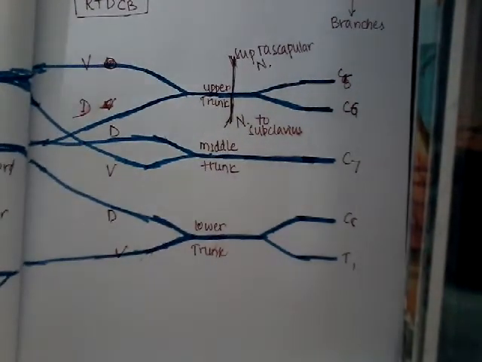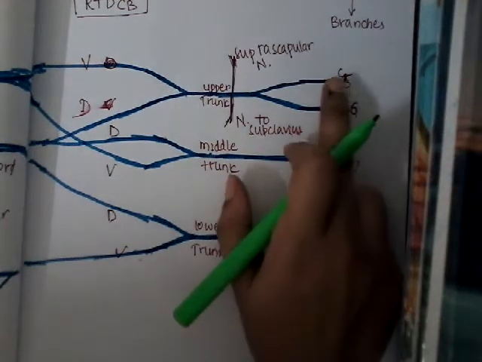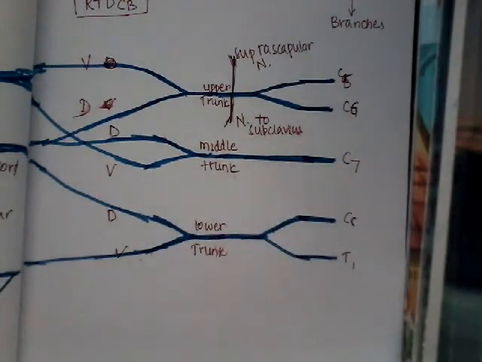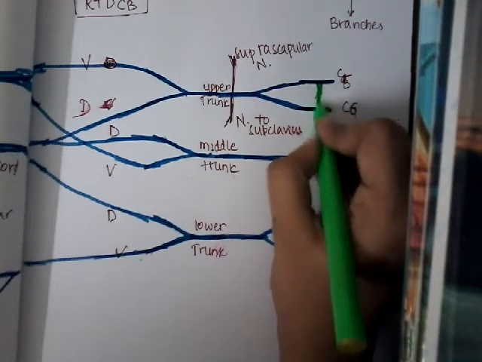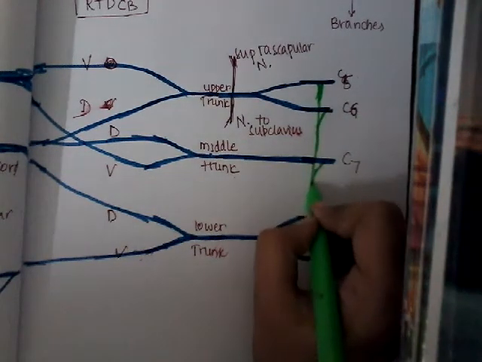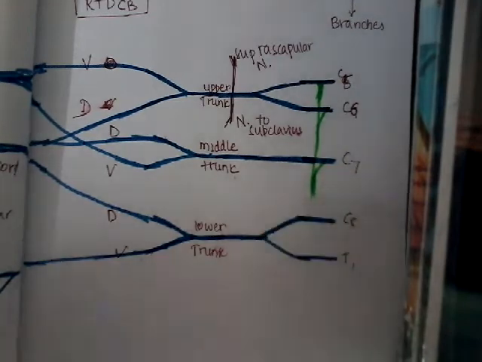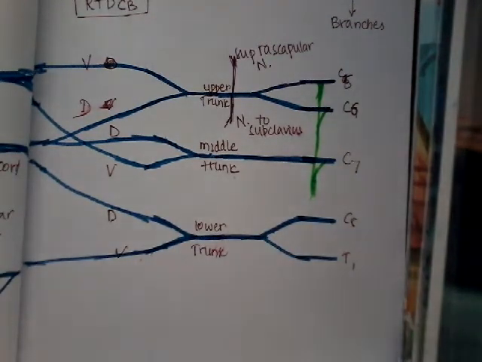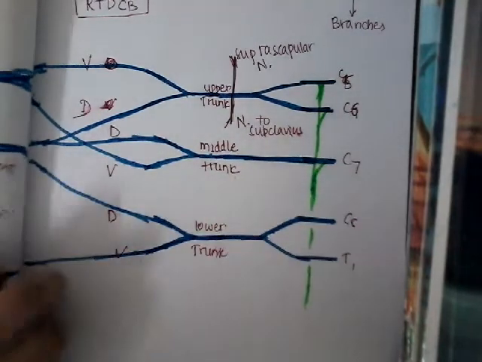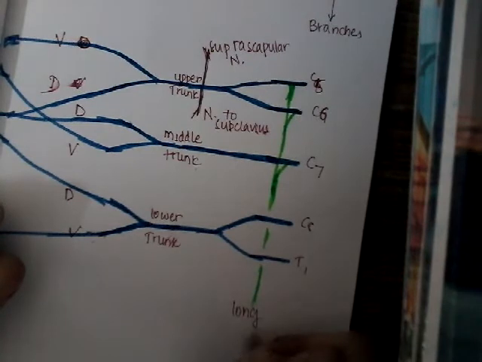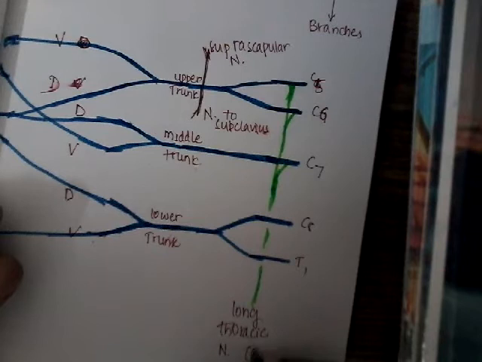Now, what are the branches from the roots? C5, C6, C7 give a nerve that is long thoracic nerve. These are not giving branches, this is the long thoracic nerve, that is C5, C6, C7.